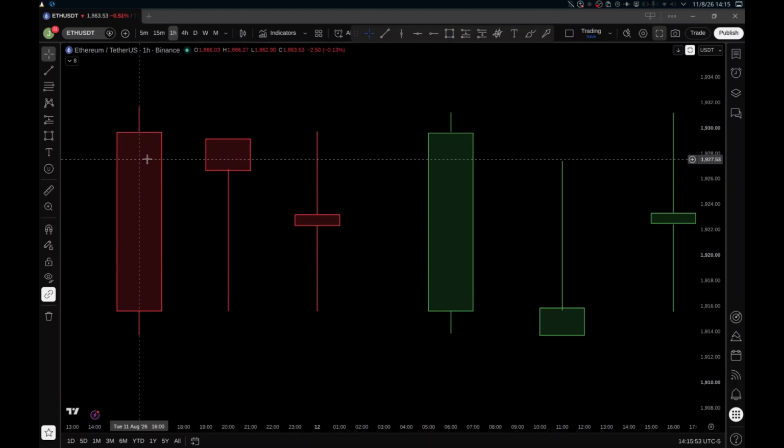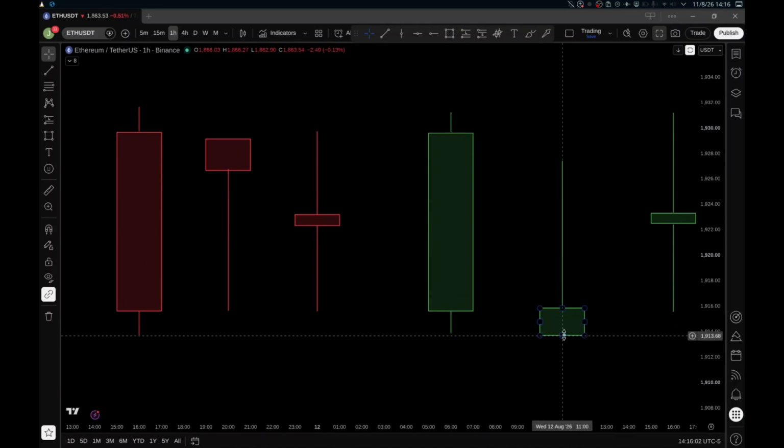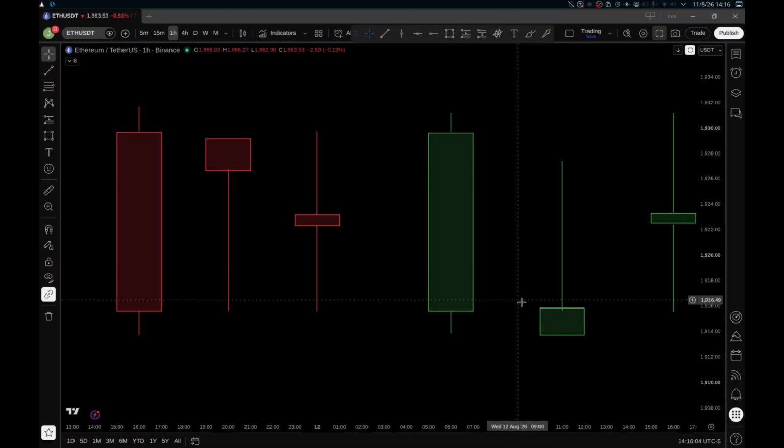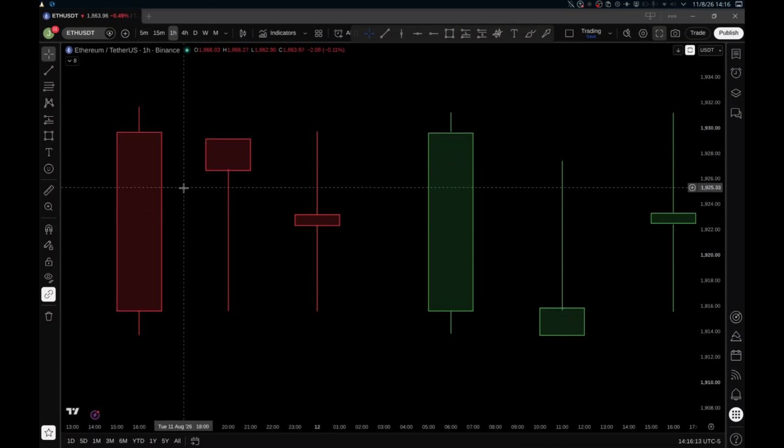So if the current price is lower than the open price, the candlestick is gonna be red, and the other way around. If the current price is higher than the open price, that's green because price is moving up, and in the case of the red candle, price was moving down.